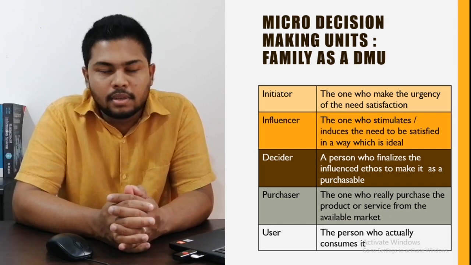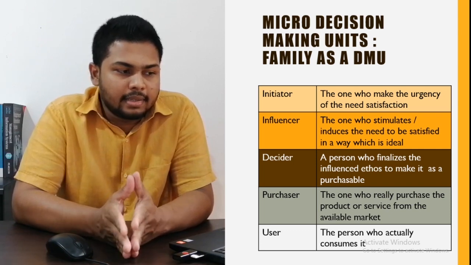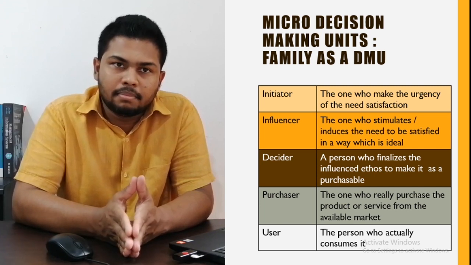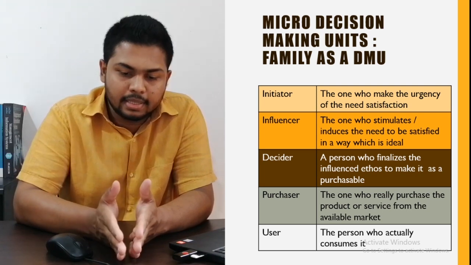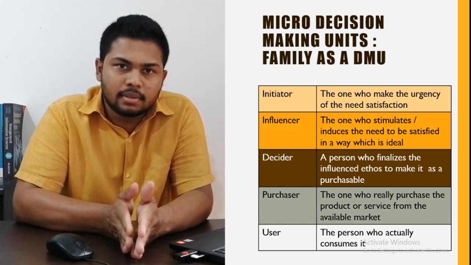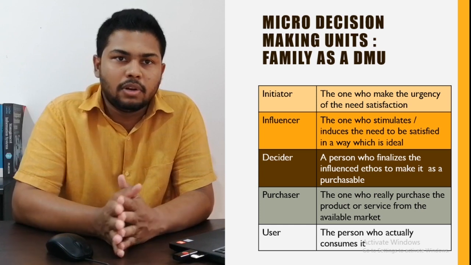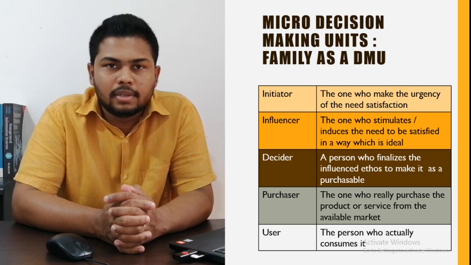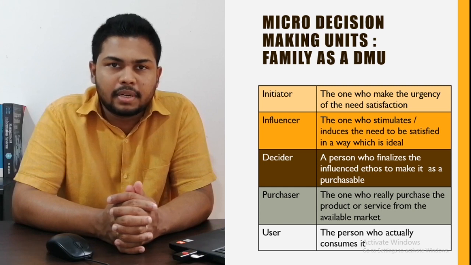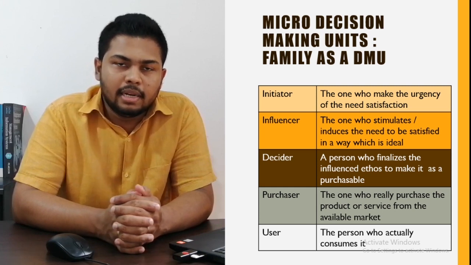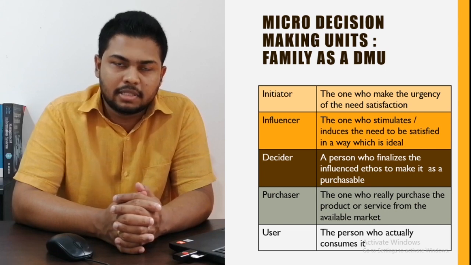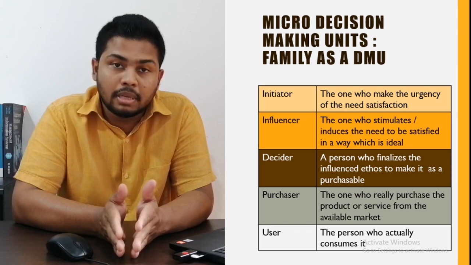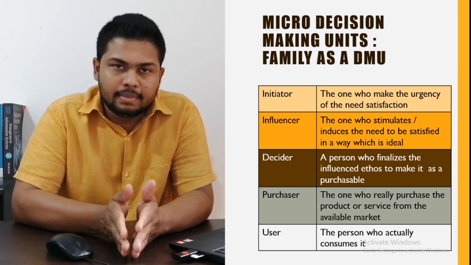Or it can be children. So the decider is, again, the mother. Why? The third force: initiator, influencer, and decider. Now, in the case of influencing, the mother might have rejected the request from the child and stayed calm. But still, she decided to make it. So she becomes the decider.